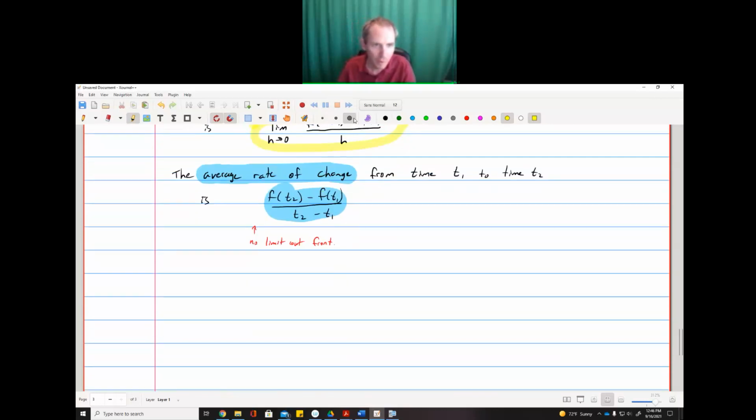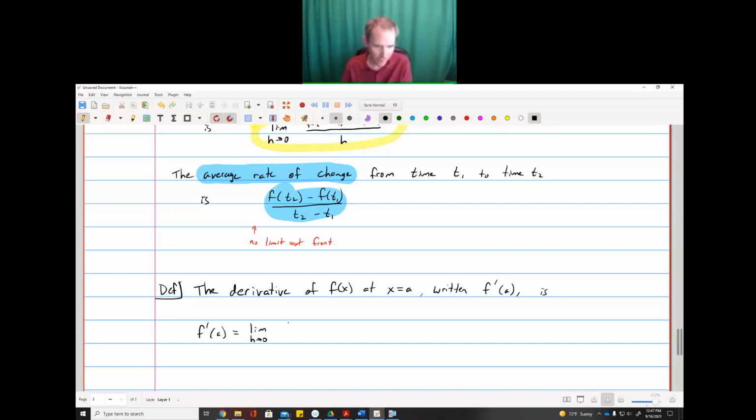Okay, so the definition: the derivative of f of x at x equals a, which is written f prime of a, is the limit as h goes to 0 of f of a plus h minus f of a all over h.